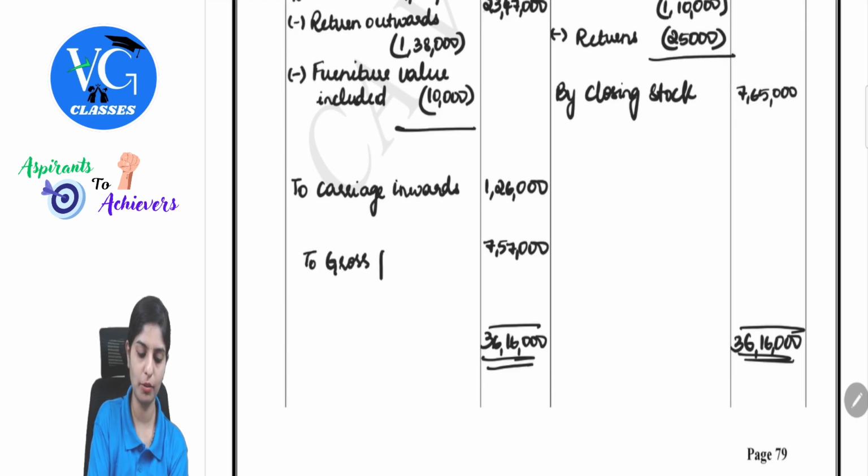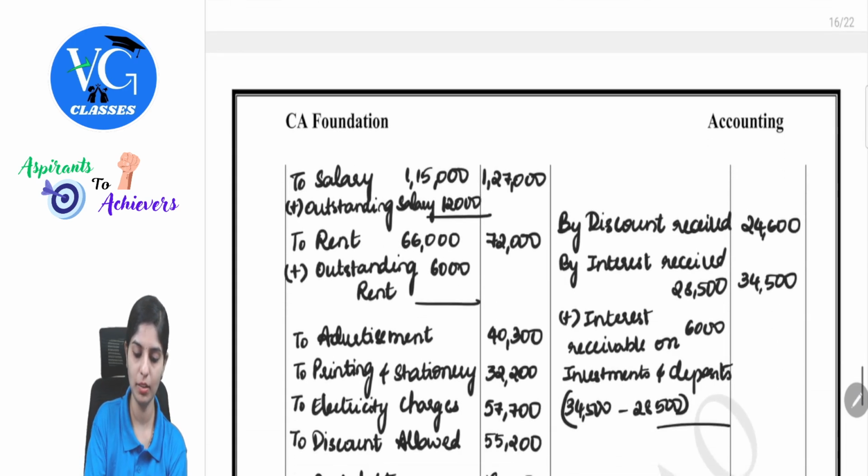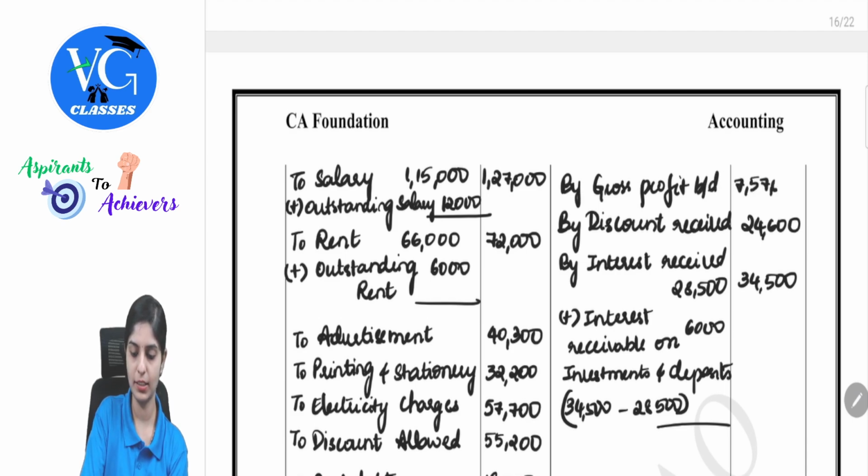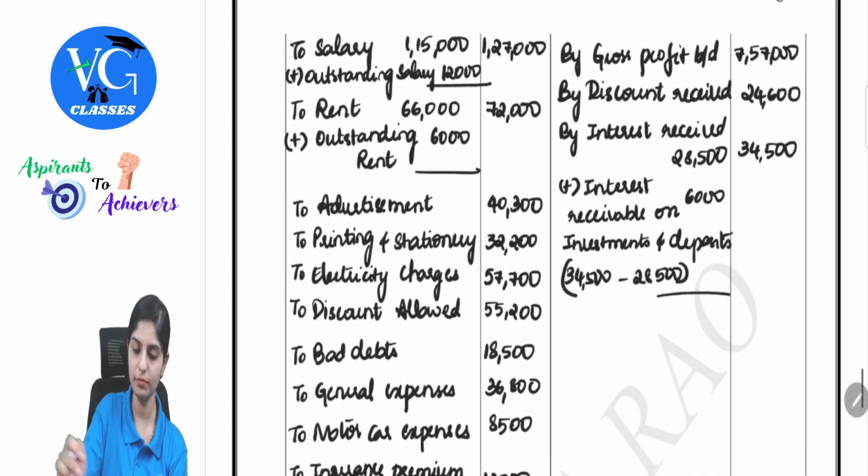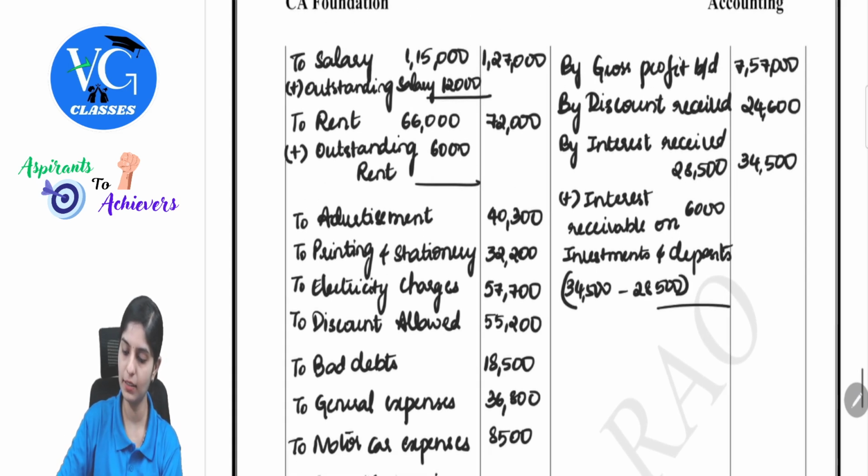To gross profit carried down, by gross profit brought down, 7,57,000 plus 24,600 plus 34,500.